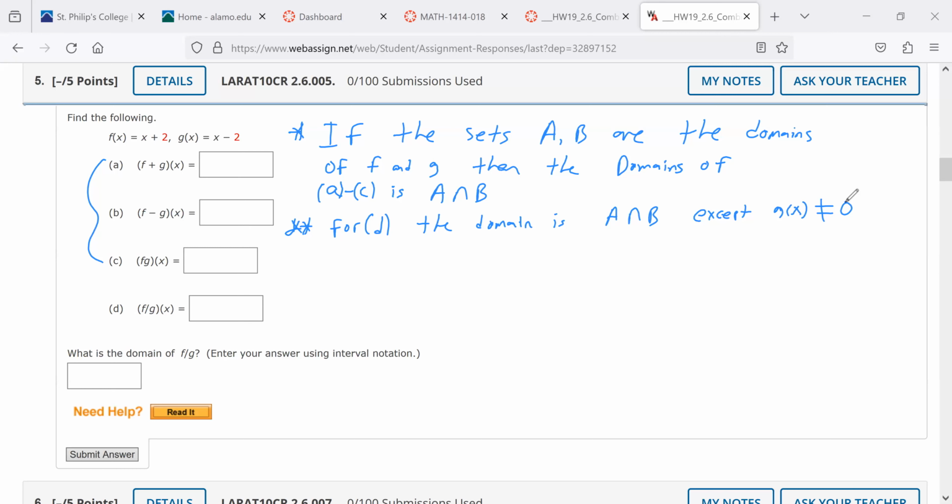So any x values that make G zero, it's not in the domain. So basically find the domain of each of these two, and then figure out what they have in common, and if they have everything in common, well, that's the domain. This one, you have to rule out that division part.